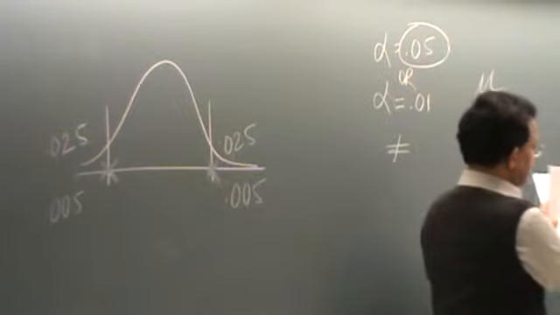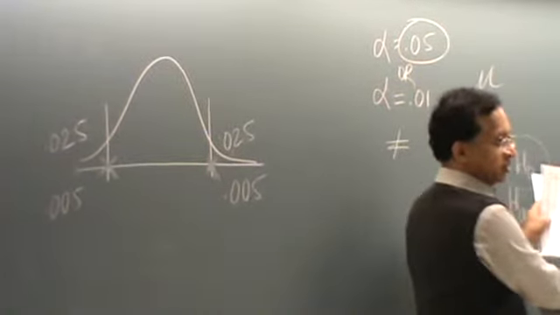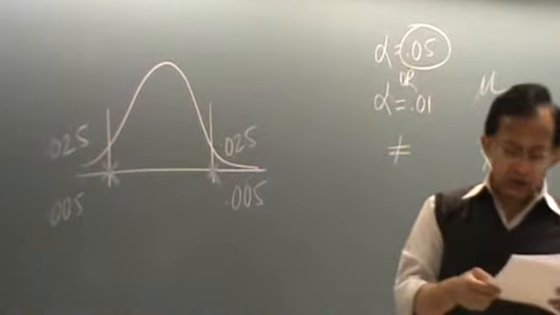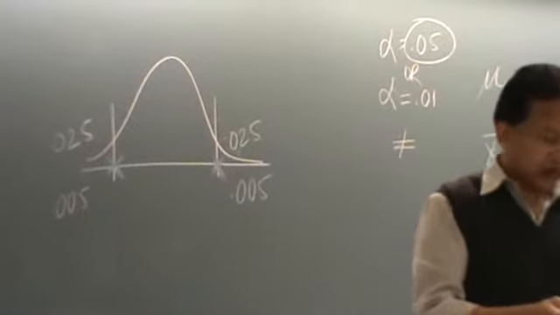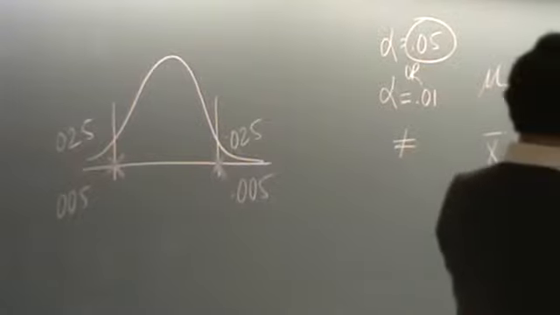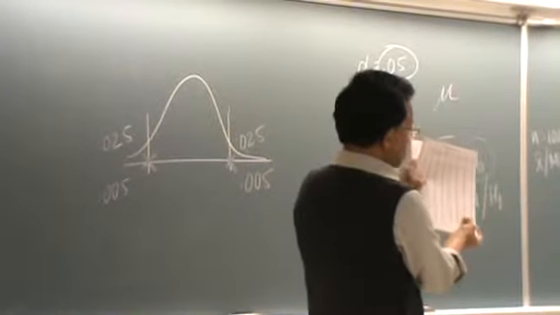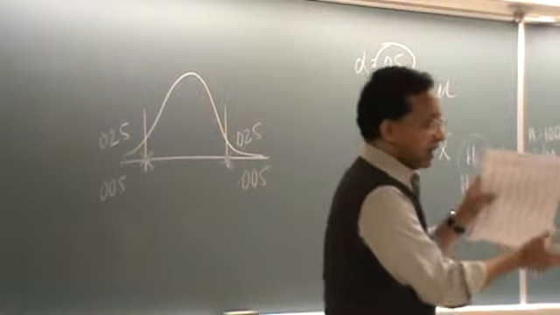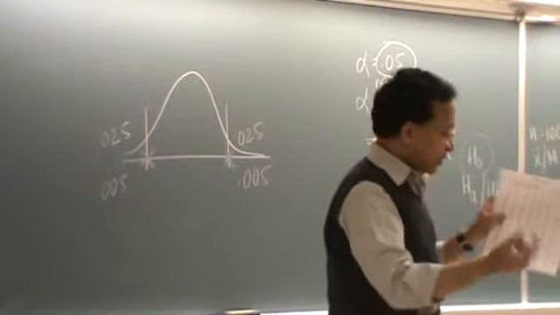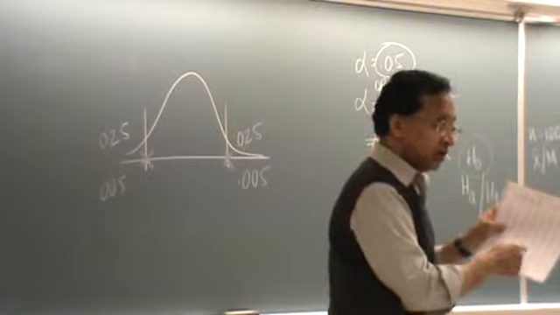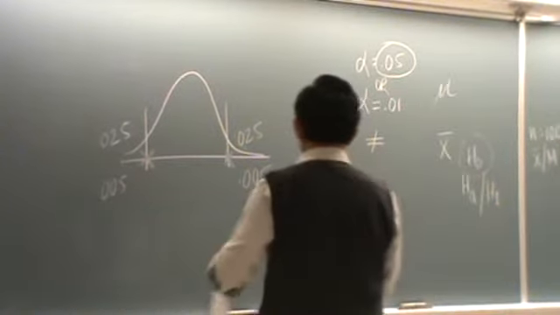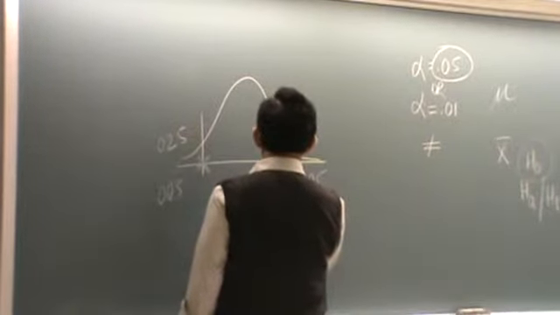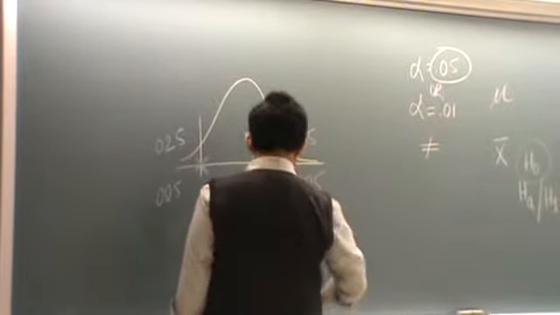Look at this side of the page. 1.96. Yep. 0.025, column number C. If you look at this column here, right there, you find the value 0.0250. That's 0.025. And the corresponding Z value of this point is 1.96. That is here, this is 1.96.